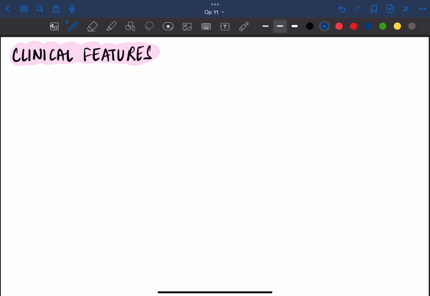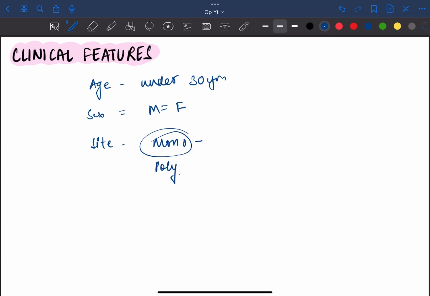Clinical features. So the age is usually under 30 years and there is no sex predilection. Site for monostotic. So monostotic and polyostotic, the difference is mono means occurring in single bone and poly means involves more than one bone.